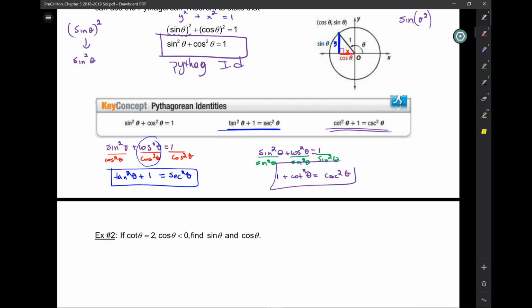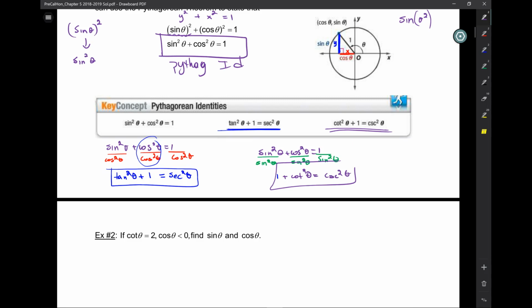Now, all of the identities in sections 1 and 4, you need to memorize them. But here, how many do you actually need to memorize? Just 1, and then you can derive the others. And this one, we're going to use it so many times that even if you refuse to memorize it, you're going to end up memorizing it, period.